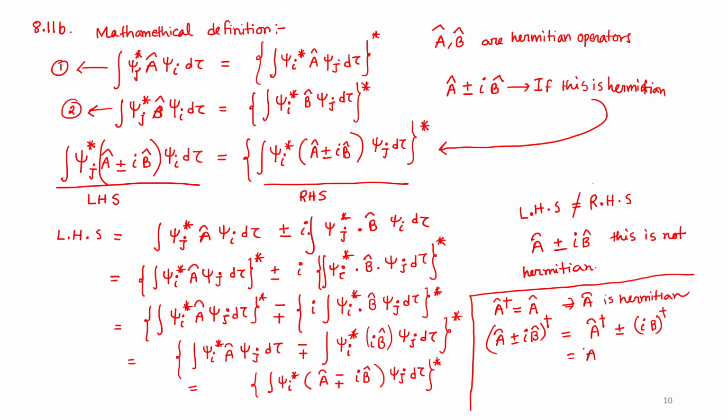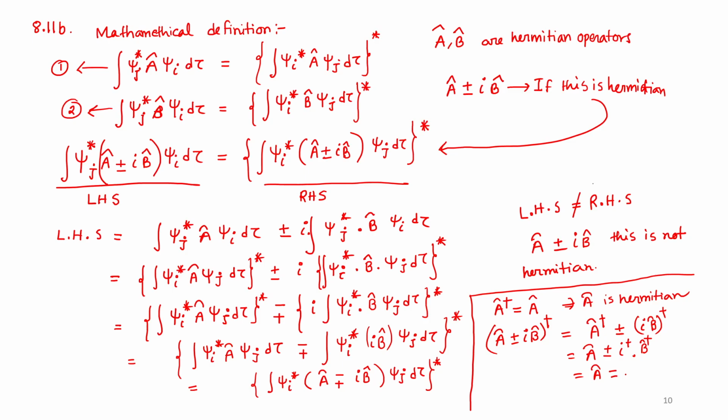A dagger is A because we know A is Hermitian. What about plus minus i? i is a constant, so it is i dagger into B dagger. i dagger is minus 1 into i.